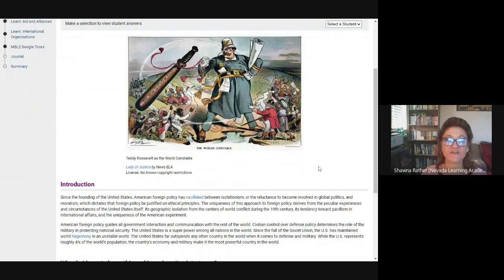Since the founding of the United States, we've wavered back and forth between isolationism, like we're going to take care of us and you all take care of you, or, well, next thing is, this is our hemisphere, the Western hemisphere, and the rest of y'all need to stay out of our area. So we'll just take care of our backyard and you take care of your stuff over there.